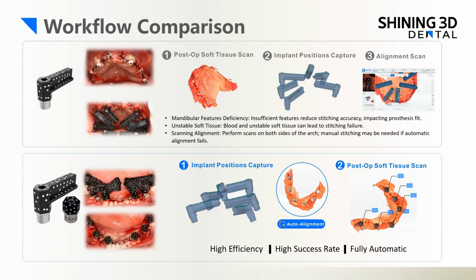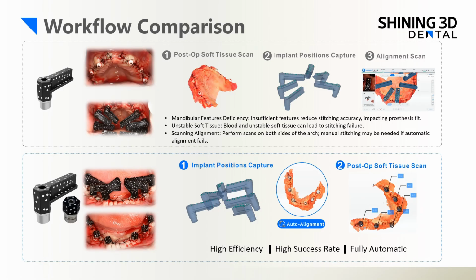So the mandibular feature deficiency, which means insufficient features, reduces stitching accuracy and impacts the prosthesis fit. And unstable soft tissues for the immediate loading cases, the blood and the saliva and the unstable soft tissue will lead to stitching failure for the alignment between these 2 sets of data.